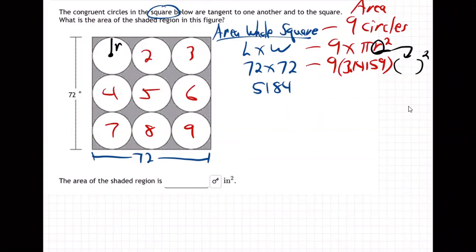Notice 72 is all the way top to bottom. Could I break this into 3 nice even sections and figure out how far it is from there to there?